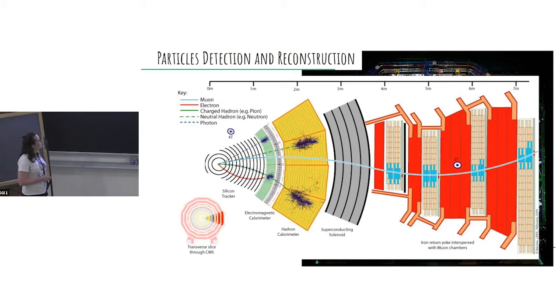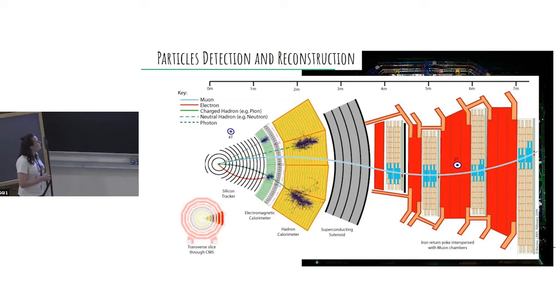And just outside there is the subdetector that gives the name to the CMS experiment, the muon system. CMS stands for Compact Muon Solenoid. So the solenoid is very important, and the muons are also very important. They are very well reconstructed inside this experiment.